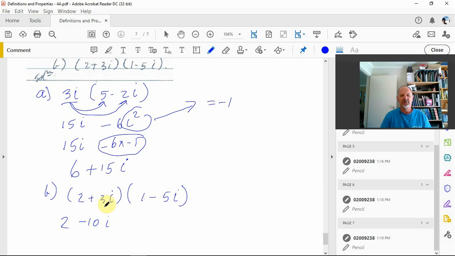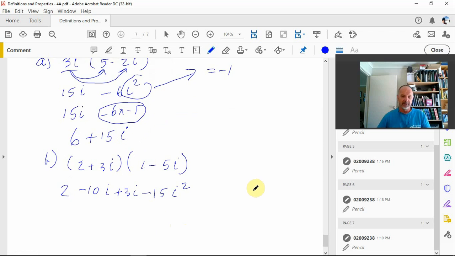Then I'll move to this one, 3 times 1 is 3, and the i is there, of course, and then I'll go those two. So positive 3 times -5 is -15, and i times i is i squared. So what have we got? We've got 2 minus 7i, and then this last bit here, remember i squared is -1, negative times the negative is a positive. So we've got 17 minus 7i.